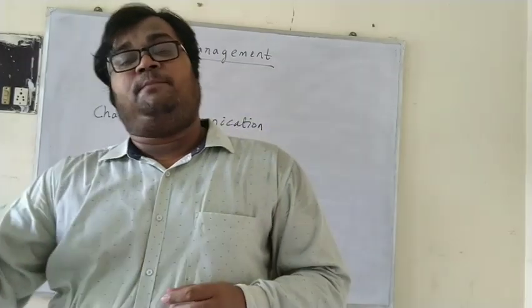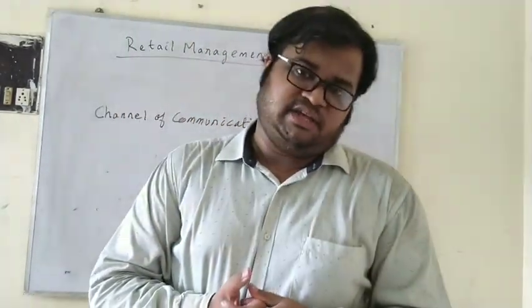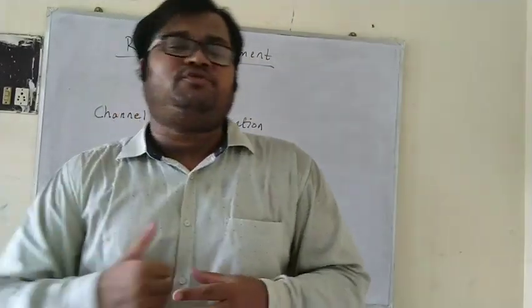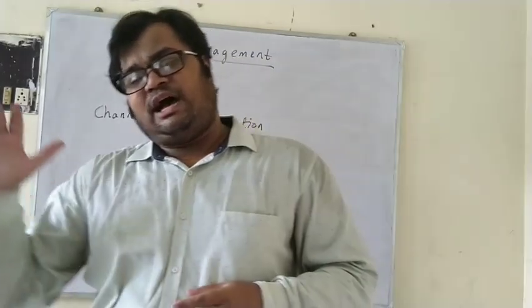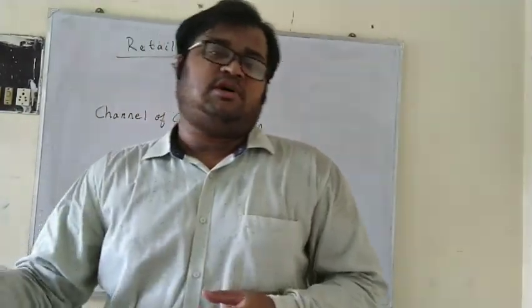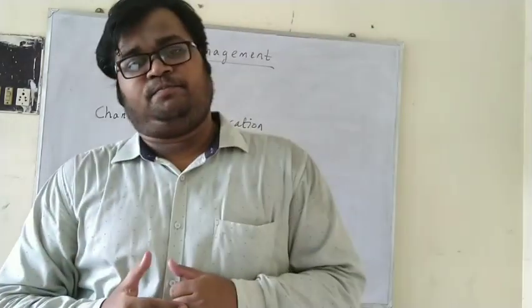Also the consumer complaints: why the consumer is not happy with a particular product or service, and what can be done to improve those products and services. All these complaints are also passed on by the retailer to the manufacturer.